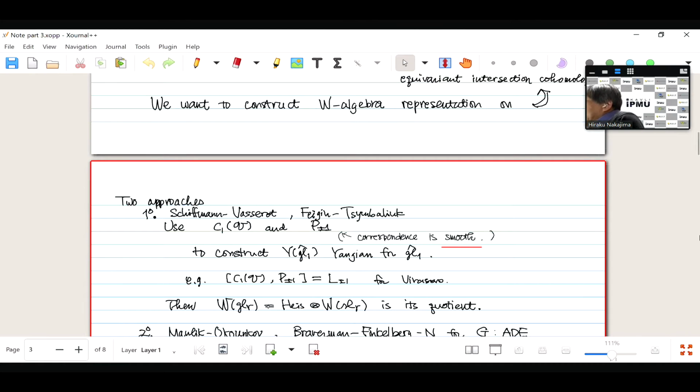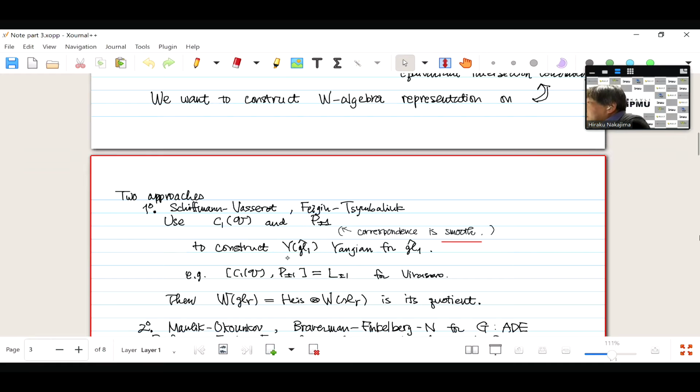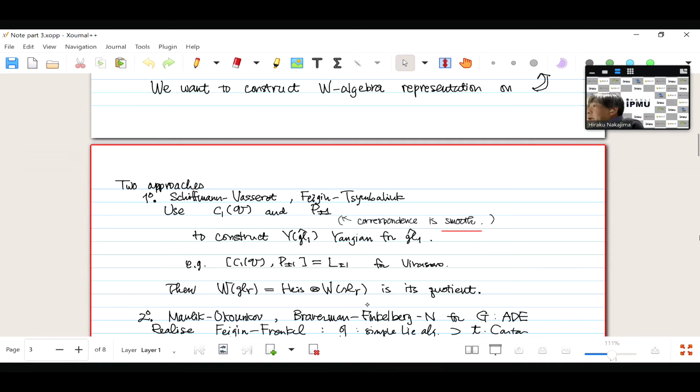Anyway, it is easier to define the Yangian for gl_1, and then you recover the double algebra as its quotient. Okay. So this is an approach by Schiffmann, Vasserot, Feigin, Tsymbaliuk.